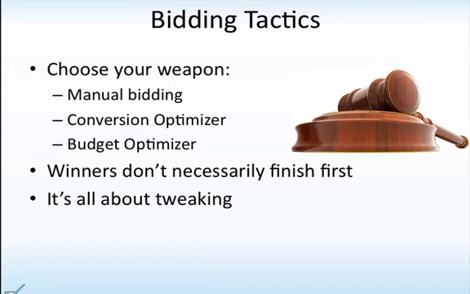Just a few benchmarks for you. Some numbers that I found from 2011. The average cost per click was $1.04, and the conversion rate was 5.3%. And the cost per acquisition was $19.74. Also, I want to point out this metric, which is the invalid click rate.